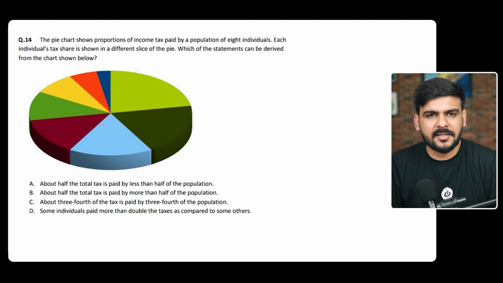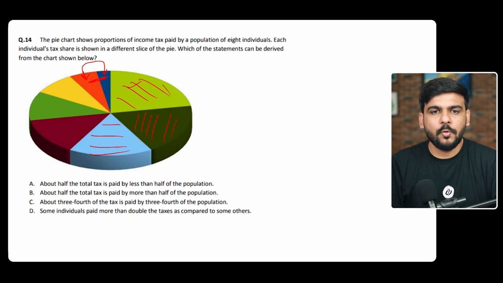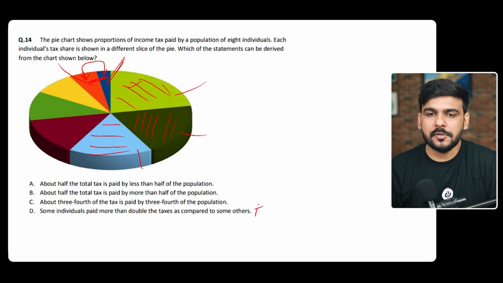So as we can see, even this black portion, these are huge taxpayers, this green, and see these two combined are not equal, and they are less than half of these. So that means the people who are represented by blue, black and green are paying more than double of, suppose, people who are represented by blue or even red. So statement 4 is also correct.